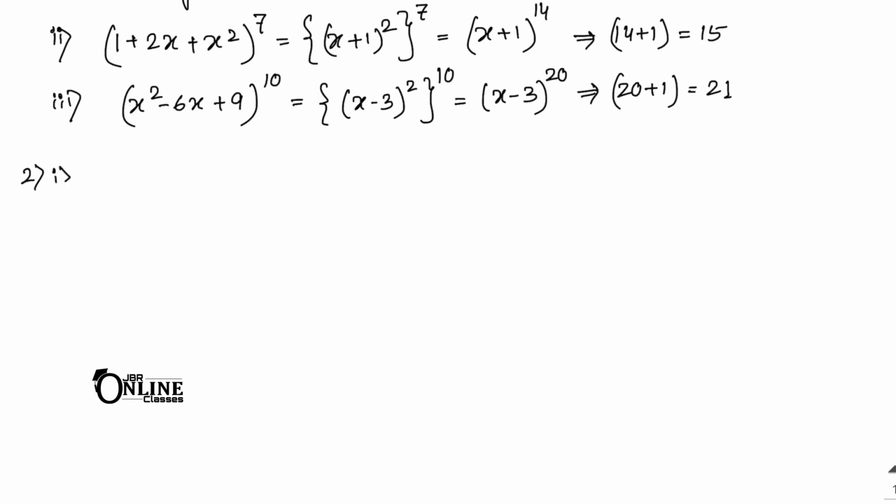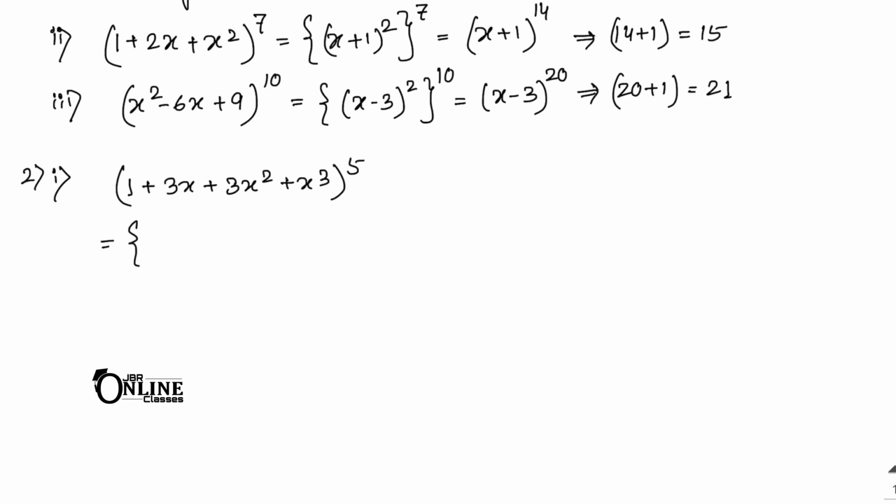Now number 2, find the number of terms in the expansion of the following. Again a similar kind of problem. So first you have (1 plus 3x plus 3x square plus x cube) whole to the power 5. So first you have to convert this into a binomial expression.